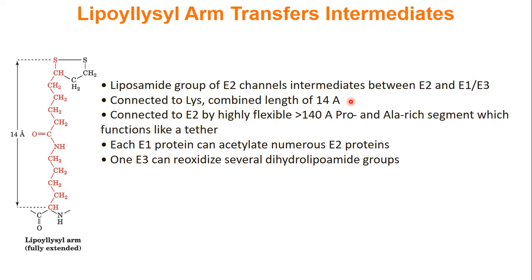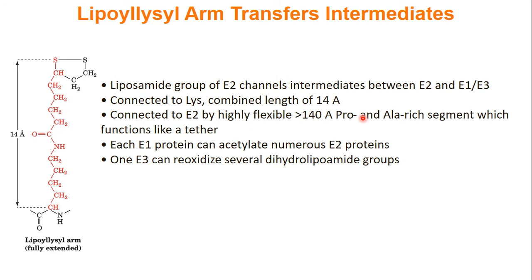So in total, when it's connected to lysine, this arm is roughly 14 angstroms. This is further connected to a highly flexible greater than 140 angstroms proline and alanine rich segment, which is like a tether. So you can imagine that this E2 protein has this long tether that is allowing it to connect to enzyme 1 and enzyme 3.